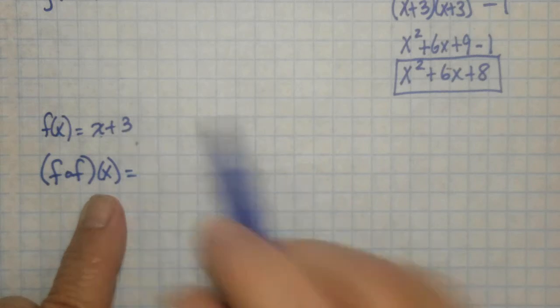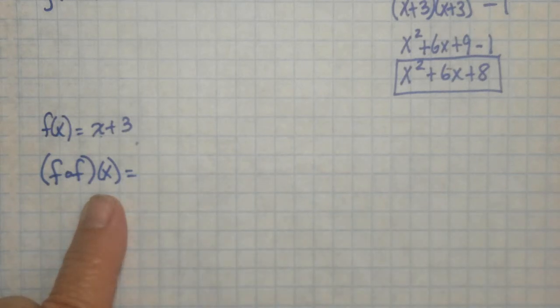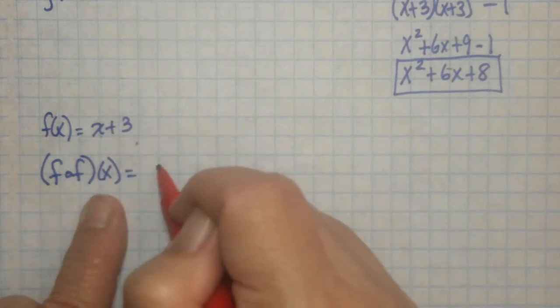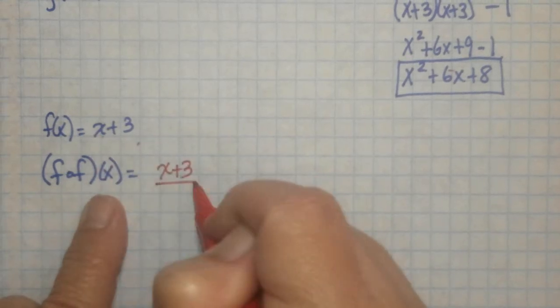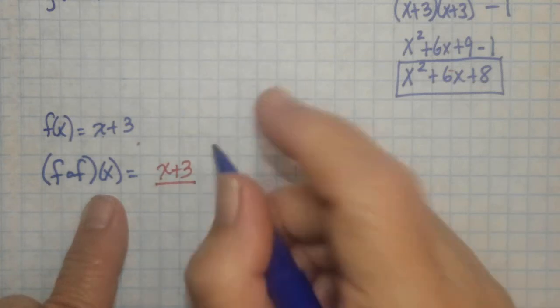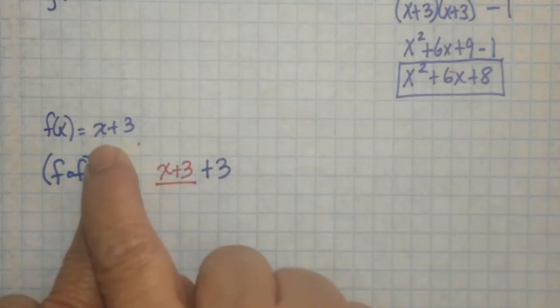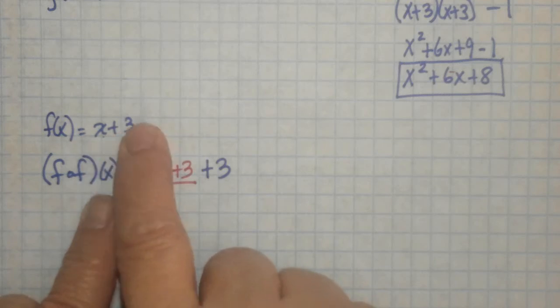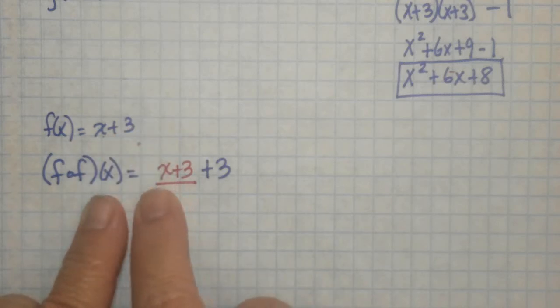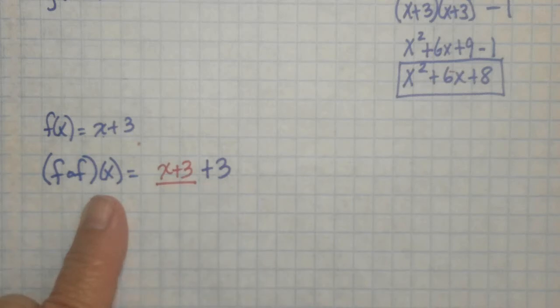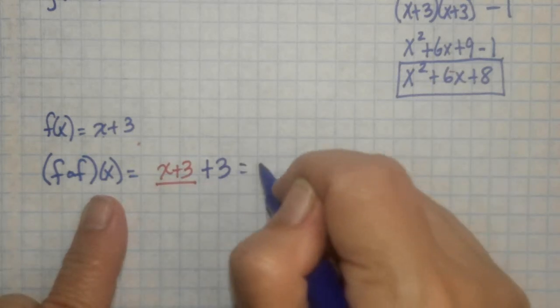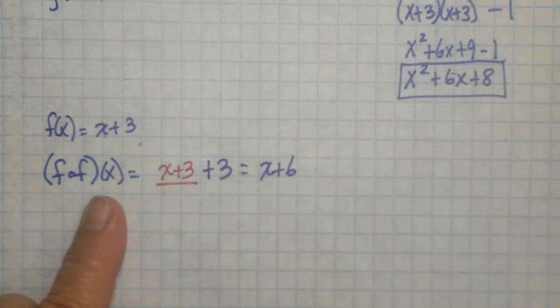Now you're going to plug x plus 3 in. That is your input plus 3. Right? Because function f says input plus 3. But my input is going to be x plus 3, because that was my output the first time I put it in. So then that's going to be x plus 6.